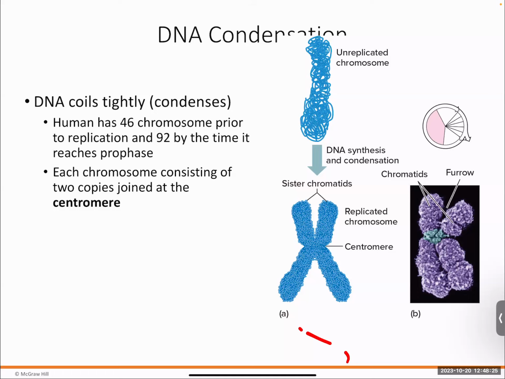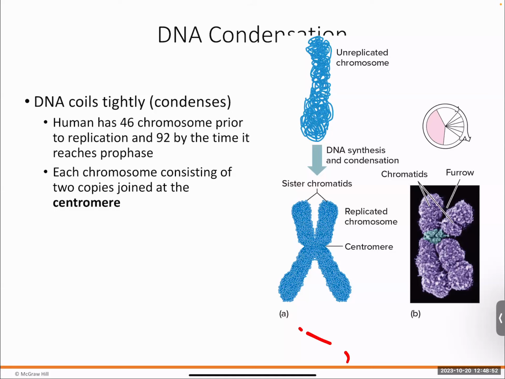Before interphase, if your cell is not undergoing the cell cycle, your genetic information is also relatively uncondensed. However, as we finish up interphase and get ready to go to the mitotic phase of the cell cycle, that genetic information needs to be condensed. And that's exactly what's going to take place.